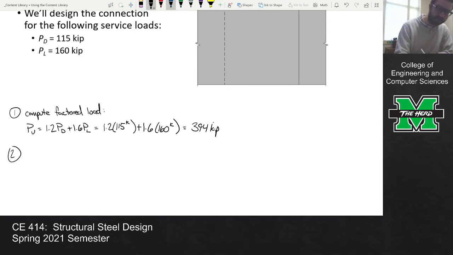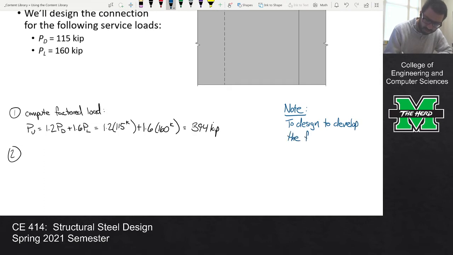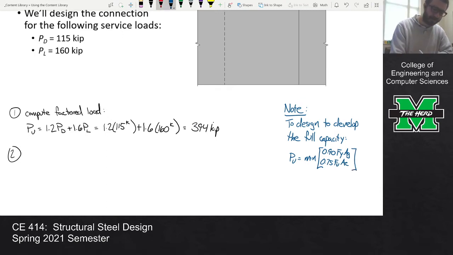Okay, so that's easy. And I should put a note over here: to design to develop full capacity, you take your Pu as the minimum of 0.9 Fy Ag or 0.75 Fu Ae, and maybe assume Ae is 0.75 Ag.